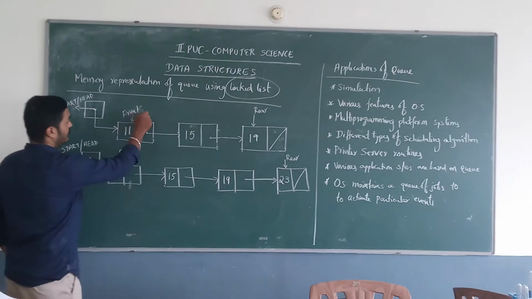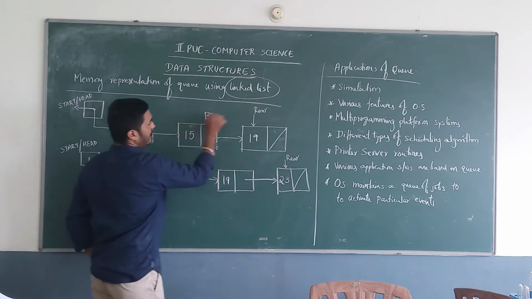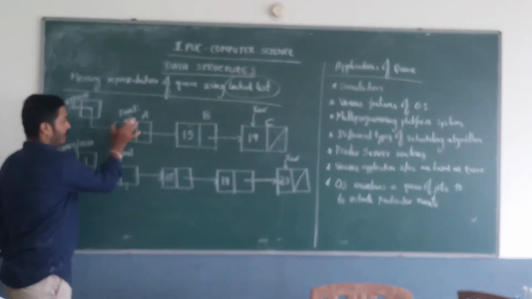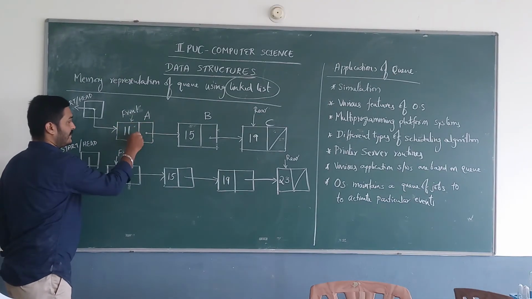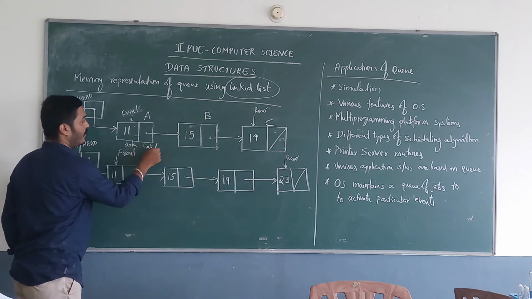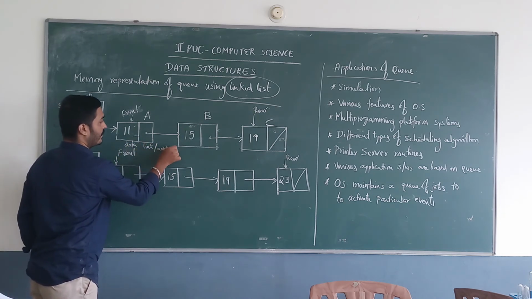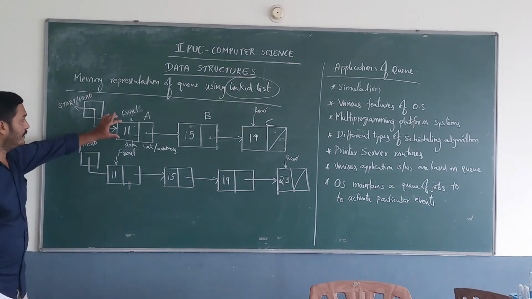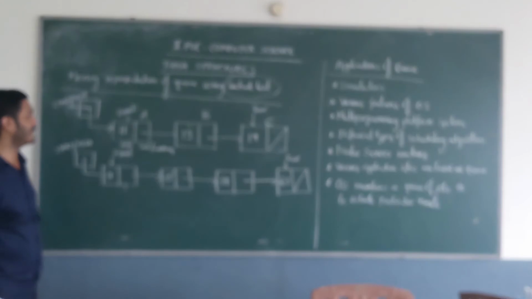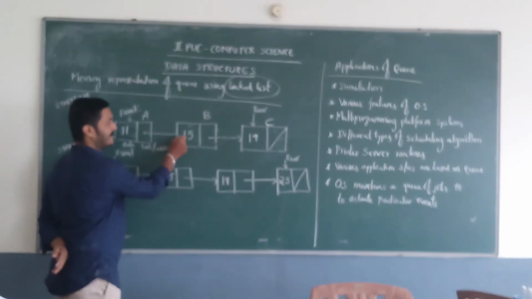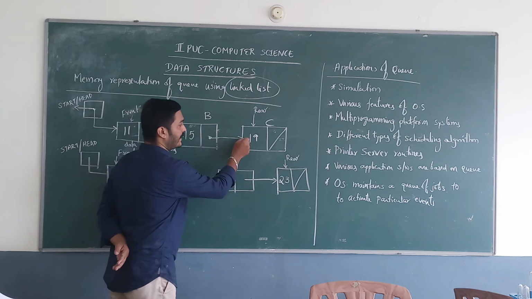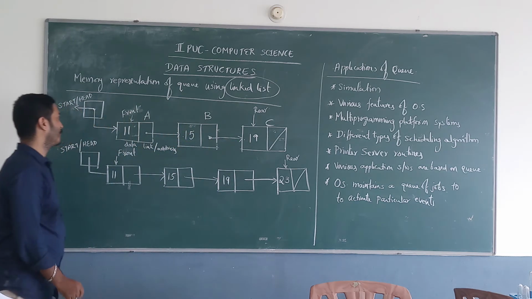Here we have three nodes, A, B, C. Here 11 is data, and the second field indicates the address, pointing to the next node. The address of node B points to the next node C, like this.